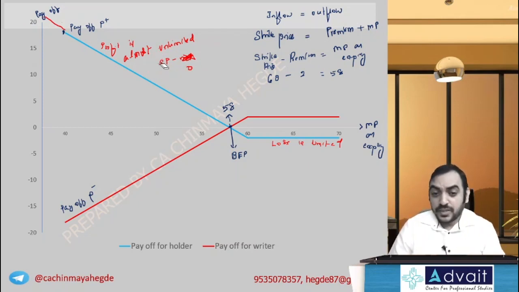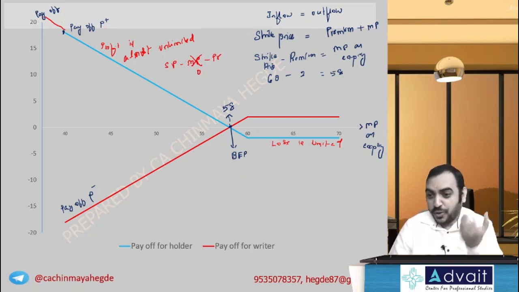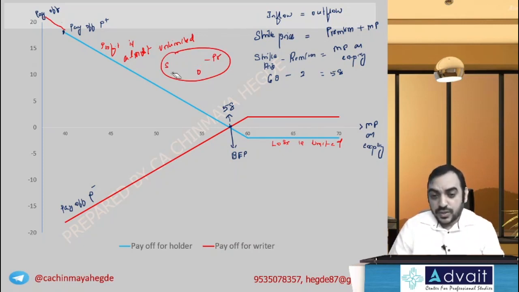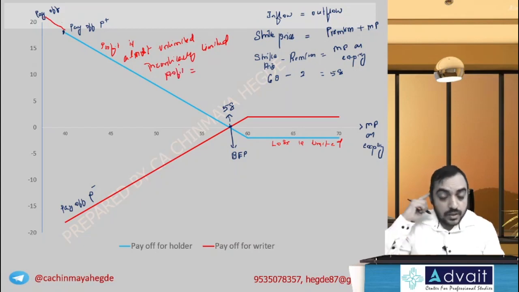I'll tell you once more. What is the intrinsic value for the holder? Strike price minus market price. If you want payoff, minus premium. Now, if market price becomes zero, theoretically, not possible we know, but theoretically zero, what will your profit be? Strike price minus premium. So here you can say, theoretically, it is limited profit, which is the maximum profit possible.